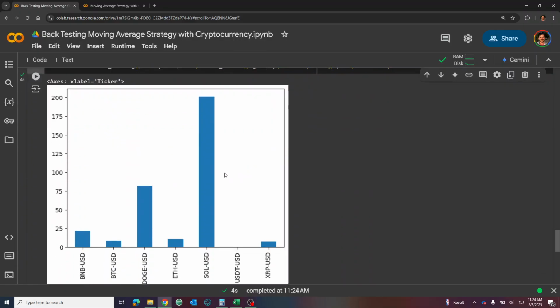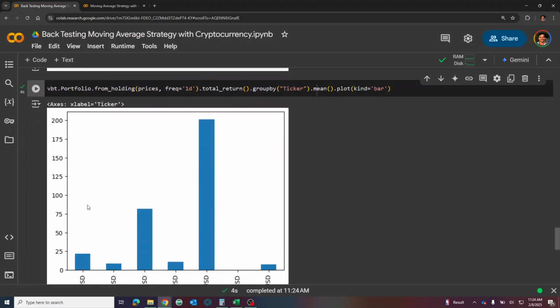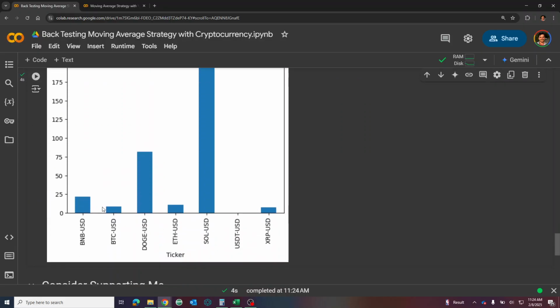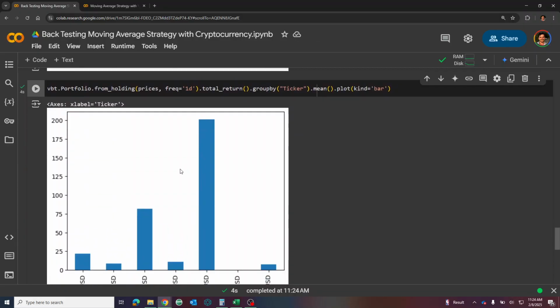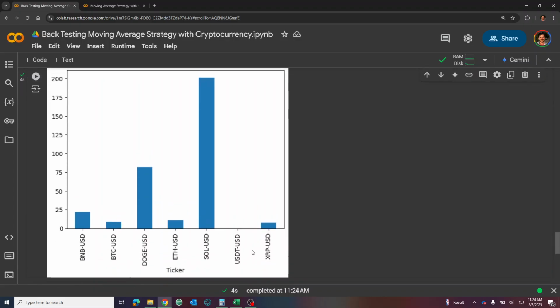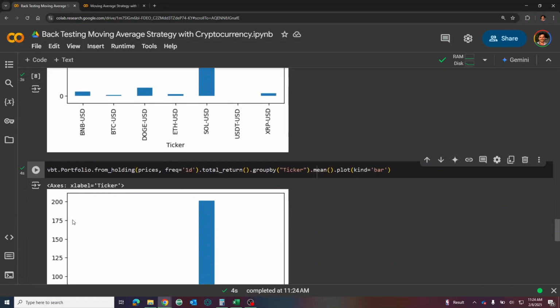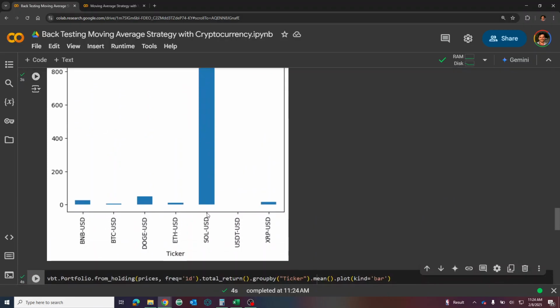Wow. So with the exception of this Sol USD one, our returns here, I can't really tell because of the Sol scaling everything totally different. But it looks like none of the other ones get above 200. None of the other ones get above 100 here. So really, wow, I'm actually kind of shocked because this is quite a significant boost in average returns using that strategy on Sol.